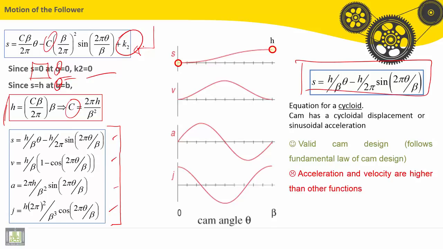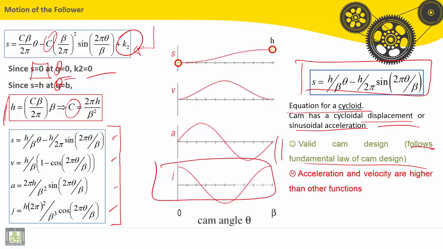This equation is for a cycloid cam, which has a cycloid displacement, then sinusoidal acceleration. So this cam design is valid and follows the fundamental law of cam design, since velocity and acceleration are finite, and jerk is also finite for the whole period. But the acceleration and velocity here are higher than other functions.